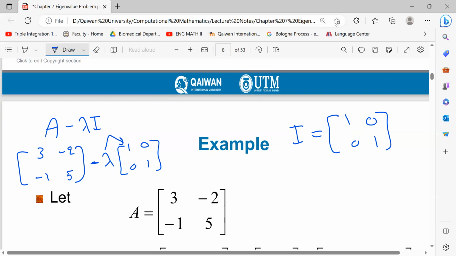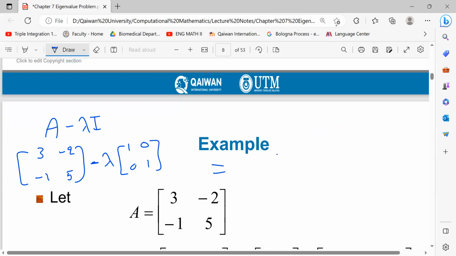It applies to all entries of 1, 0, 0, 1. We multiply all elements by lambda. Lambda times 0 is still 0.